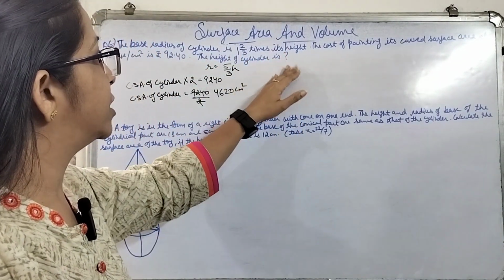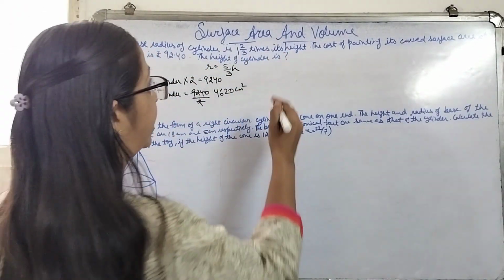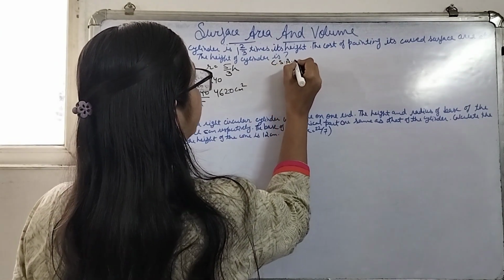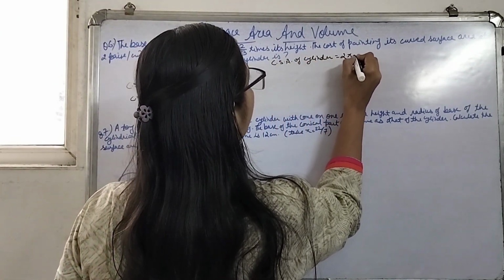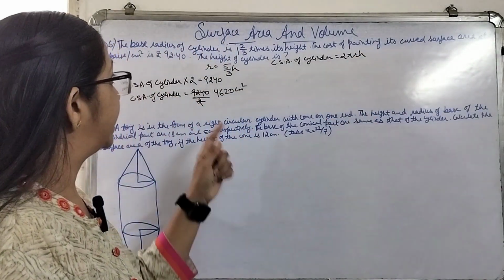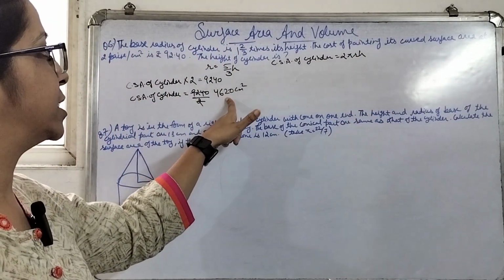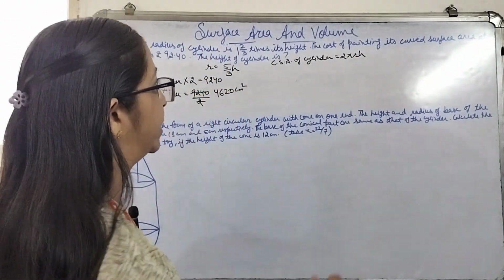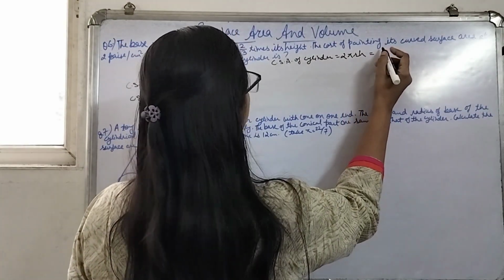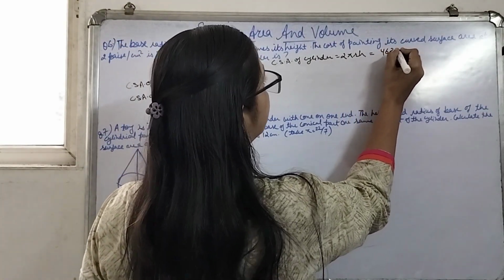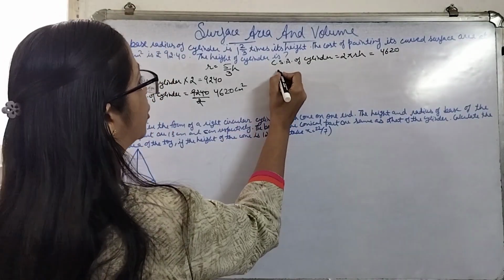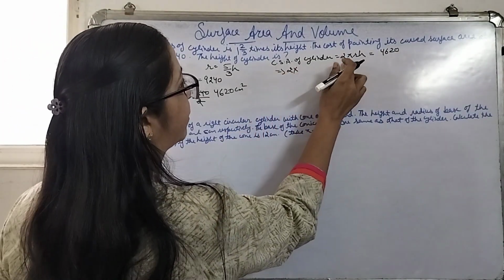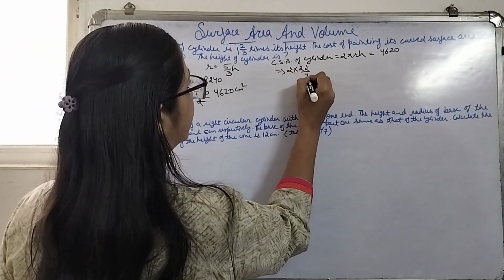We know that the curved surface area of a cylinder is given by the formula 2 pi r h, and it is equivalent to 4,620, which we have just calculated. So we can equate it to 4,620. Now if we keep all the values, we see 2 multiplied by pi, which is 22 by 7.